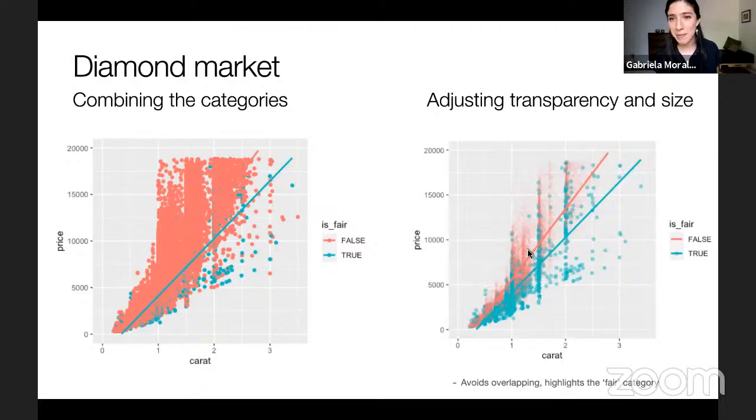So you make the salmon ones smaller and more transparent, and the teal ones bigger and a little more opaque. So you can actually see them, because obviously we have fewer diamonds in the category fair than in the not fair category, because the false here, the not fair, is 4 categories combined. So obviously they're overwhelming this graph, and this will be even nicer to show.